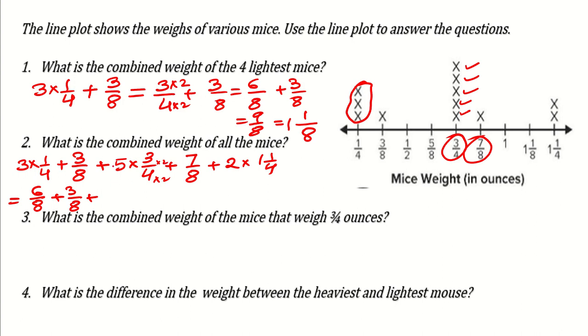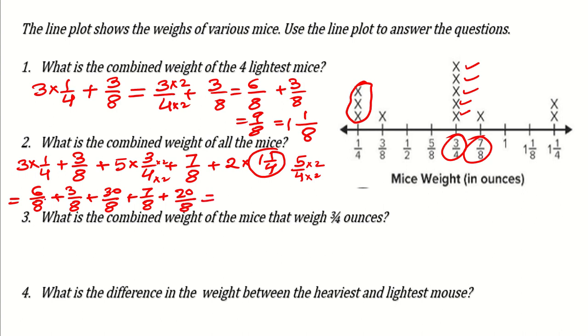So it will be 15 times 2 30 over 8 plus 7 over 8 plus, see this mixed fraction 1 and a 1 over 4, it will be 1 times 4, 4 plus 1 5 over 4, and denominator is not same, so multiply by 2 also. So 2 times 5 10, 10 times 2 20 over 8.